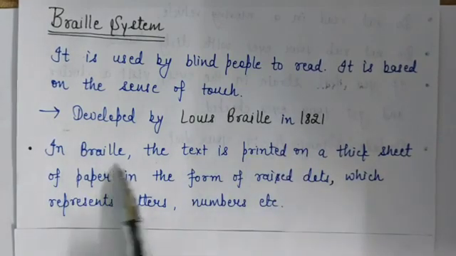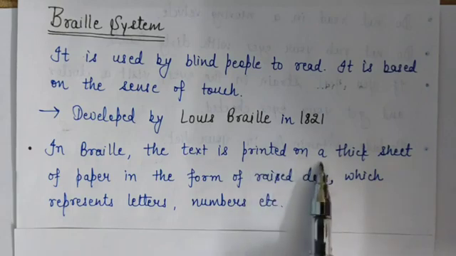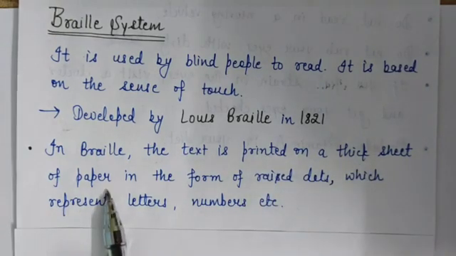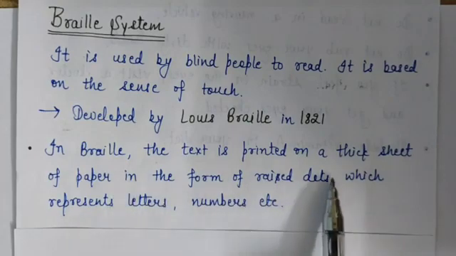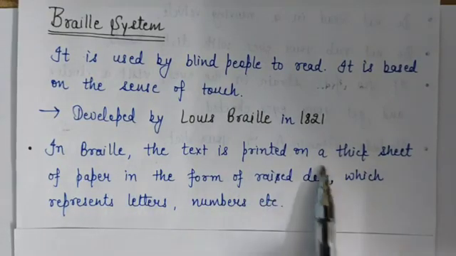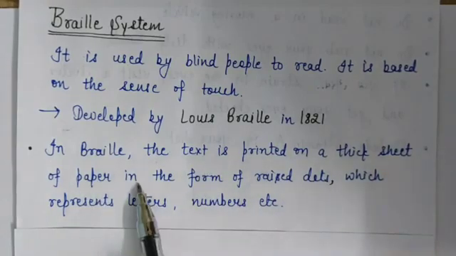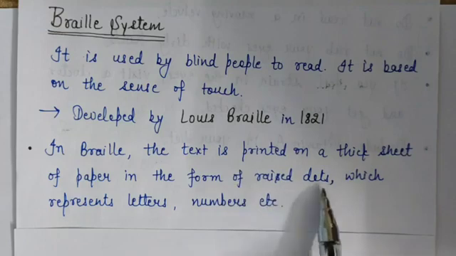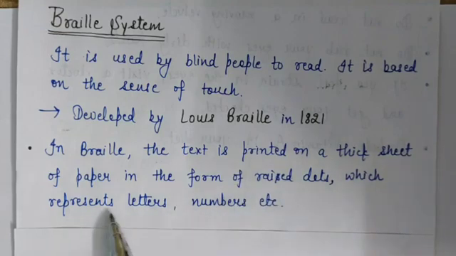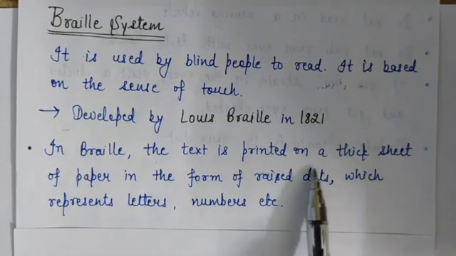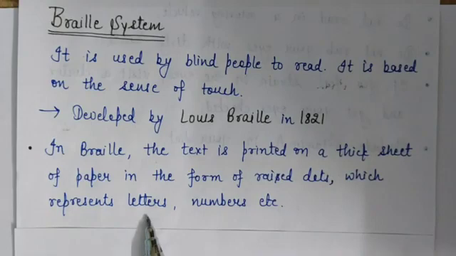In Braille the text is printed on a thick sheet of paper in the form of raised dots, which represent letters, numbers, punctuation marks, etc. The symbols consist of up to 6 dots.